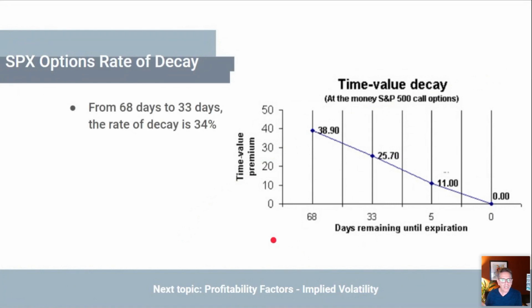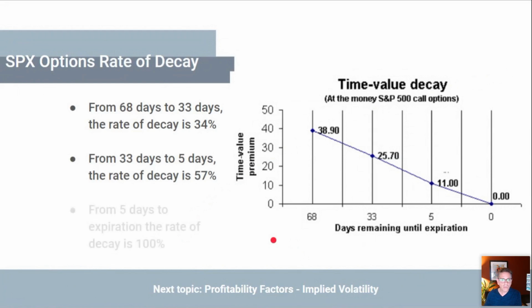From 60 days to 33 days, an option will decay at a rate of 34%. From 33 days to 5 days, the rate of decay is 57%. And you can see here how it graduates. And from 5 days to expiration, it's 100%.